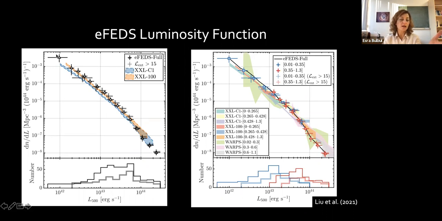Our measurements are plotted in black data points over here. With XMM-Newton, there were several small-scale surveys performed 5 or 6 years before, and they are overplotted with the colorful bands over here. You can see we do really well, and we agree with XXL, which comes from XMM-Newton.